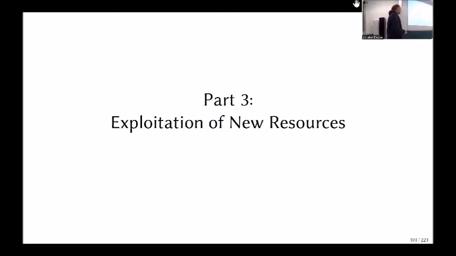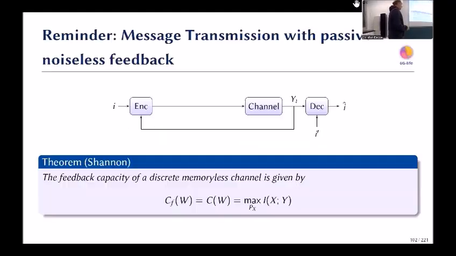Okay, let us continue with part 3, exploitation of new resources. The first resource we want to look at is feedback. So we assume the following. We now do deterministic identification for a channel with feedback.